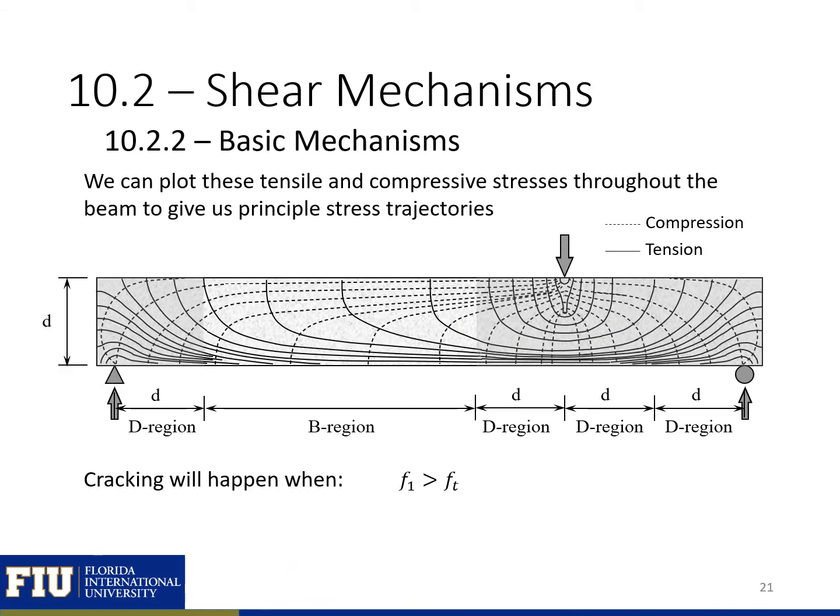So shown here is a diagram with our principal stress trajectories for both tension and compression. Our compression are the dotted lines and our tension are the solid lines. And we can see that in this diagram, we'll have cracking when any of our principal tension stresses exceeds the cracking strength of our concrete.